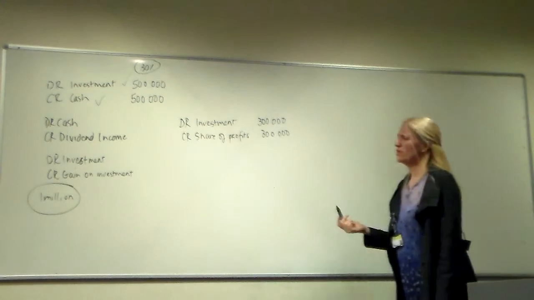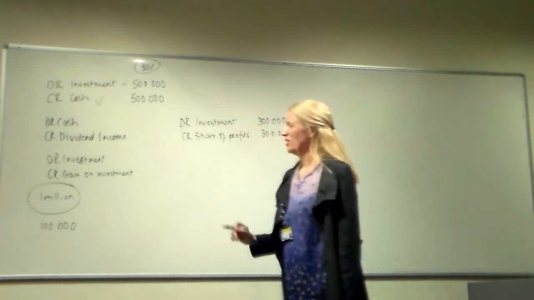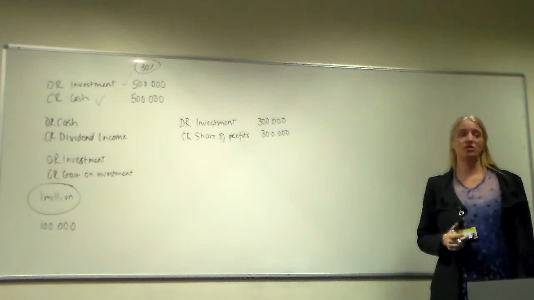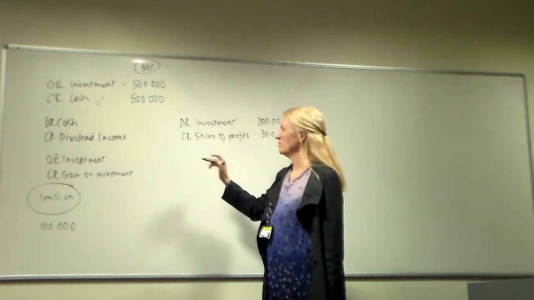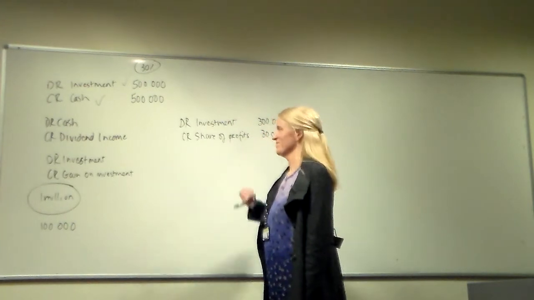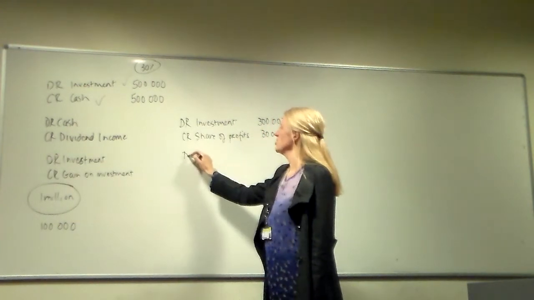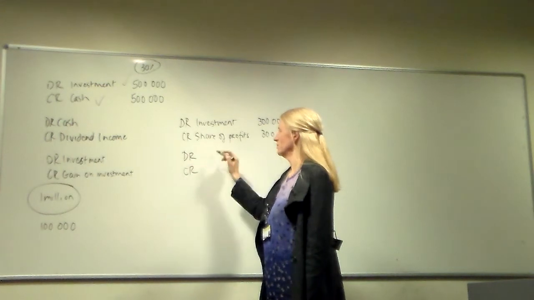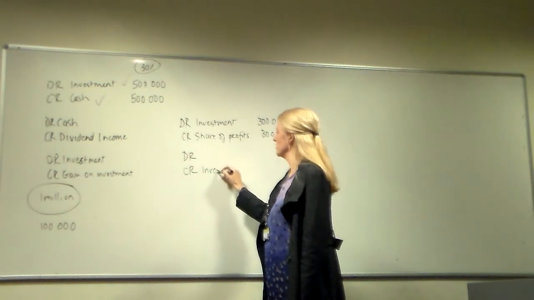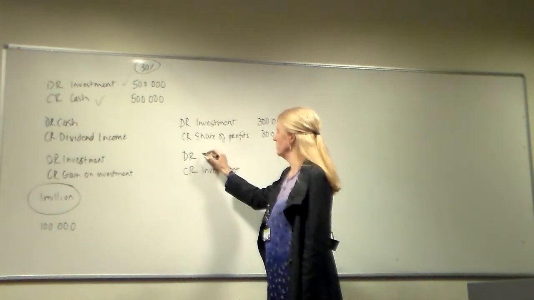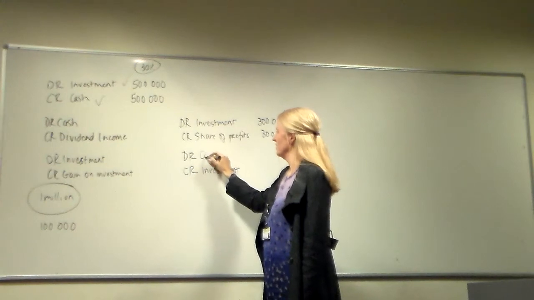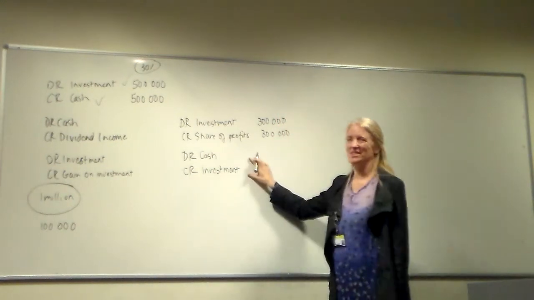Okay. If, for example, they have paid dividends of 100,000, right? So they've paid dividends of 100,000 this year. What are you going to do there? You're going to debit cash and credit investment.